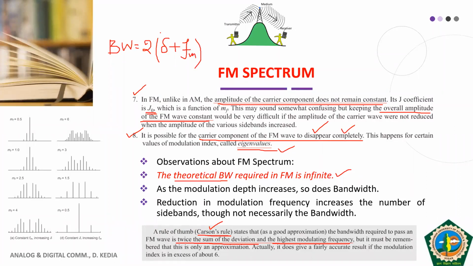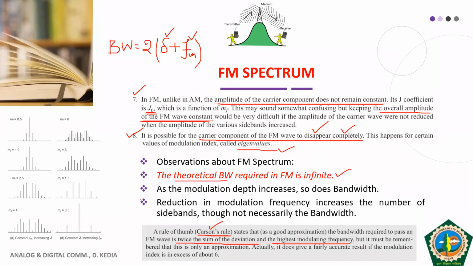Your delta is the deviation, and FM is your modulating signal frequency. This is how we define Carson's rule, which gives us the practical bandwidth of your frequency modulated signal. Obviously, this practical bandwidth is an approximation, but it fairly describes the bandwidth required for FM signal transmission.